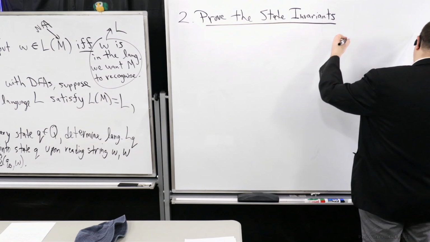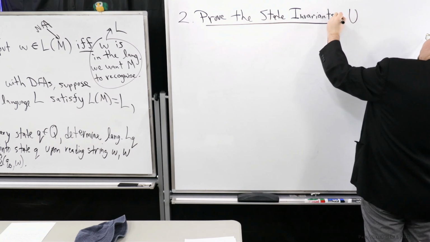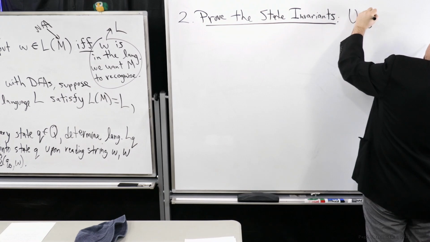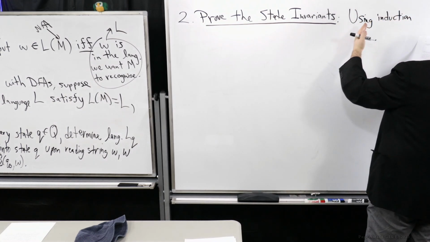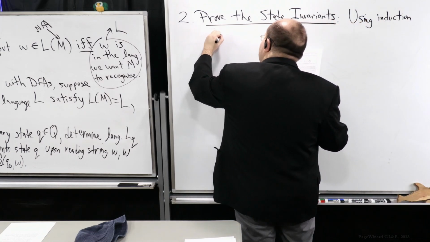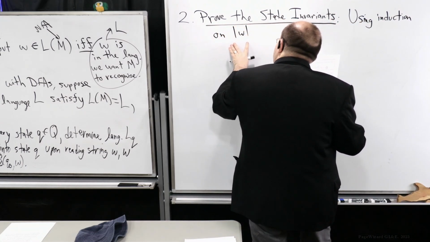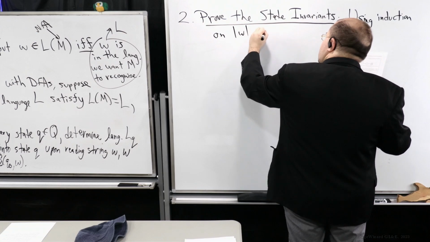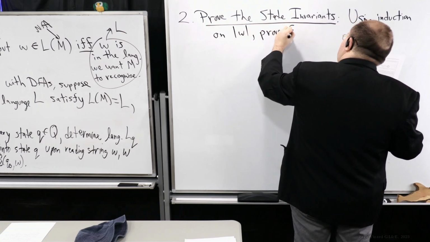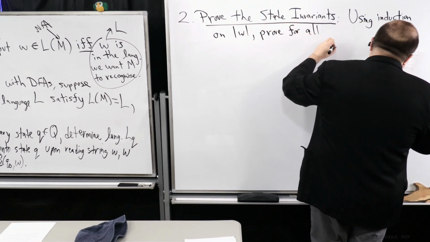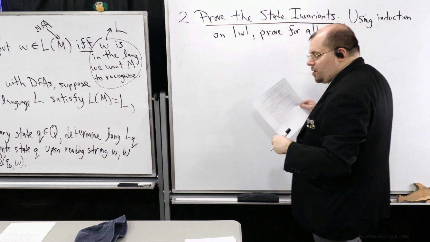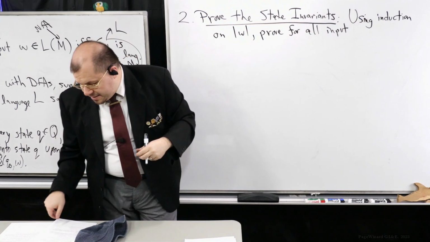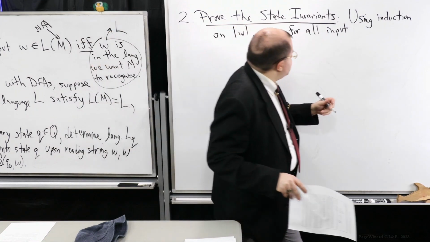So prove the state invariants using induction. You're going to perform mathematical induction on the length of the string, so on the length of W. Prove for all input strings W.